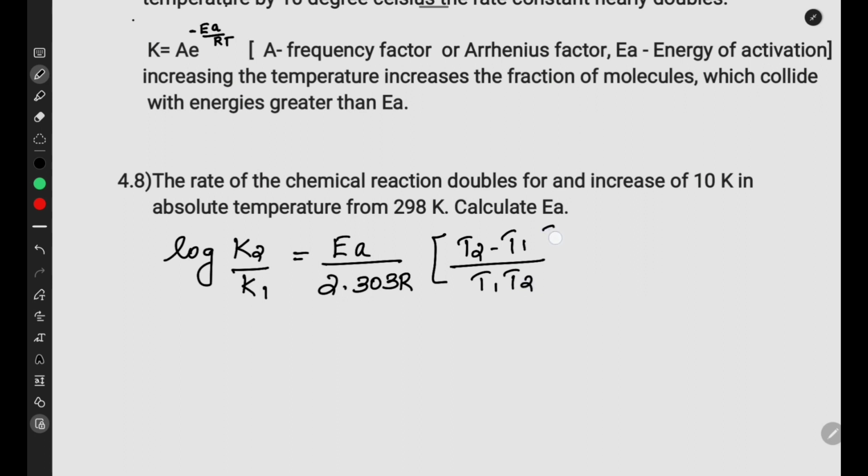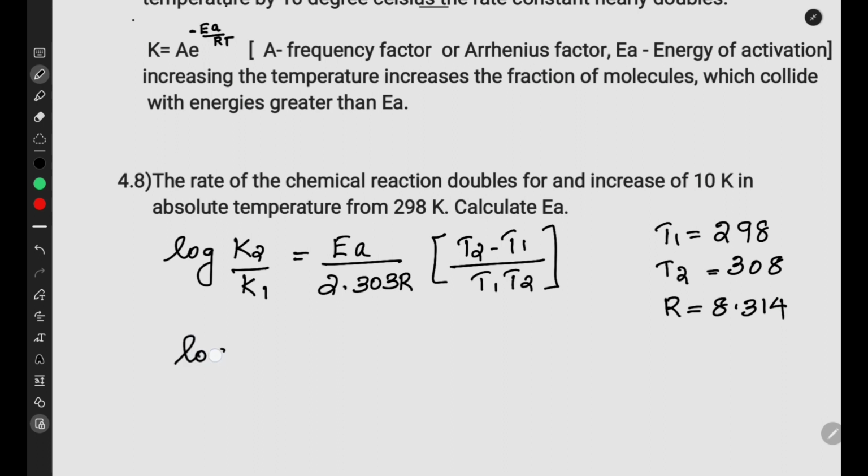So here an increase of 10 Kelvin from 298. So we can take T1 as 298 and T2 as 308. Then the universal gas constant is 8.314.